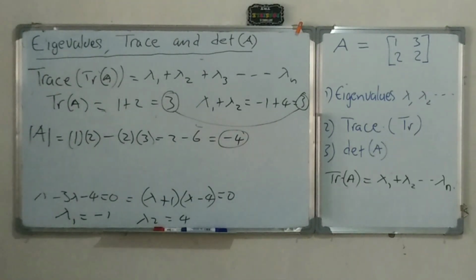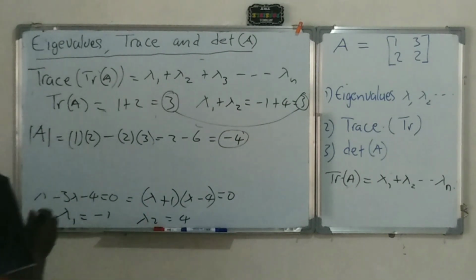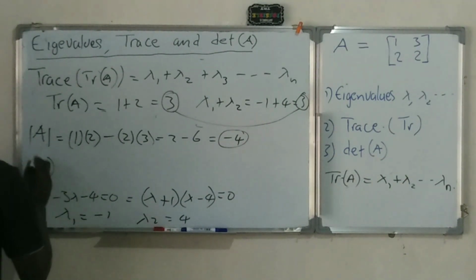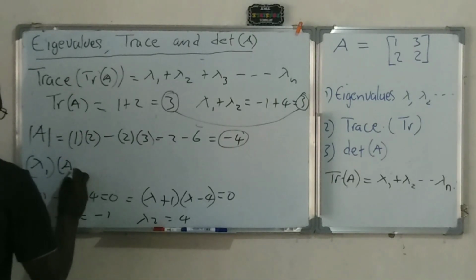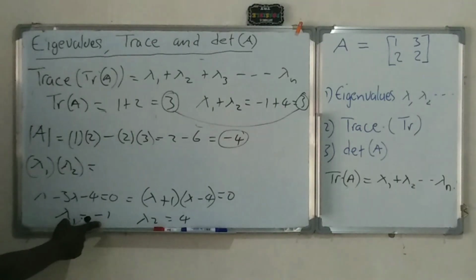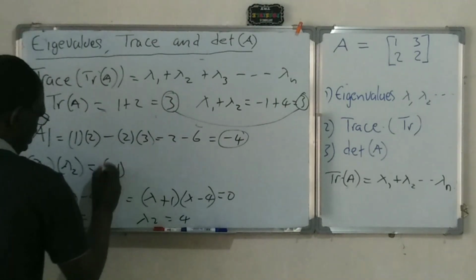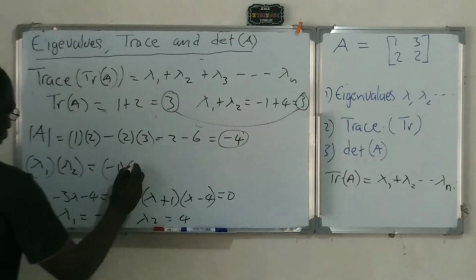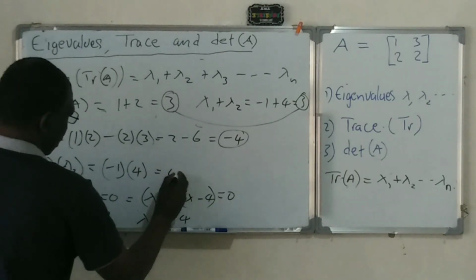Now let's try and multiply the eigenvalues. Lambda 1 multiplied by lambda 2 is equal to minus 1 multiplied by 4, which is equal to minus 4.